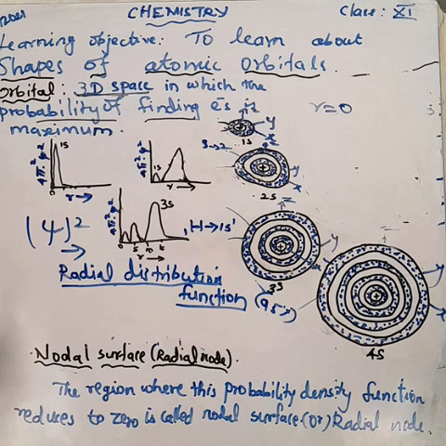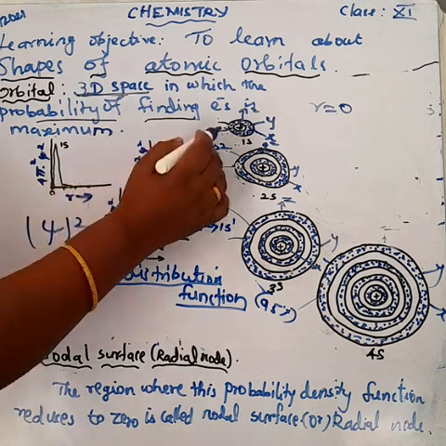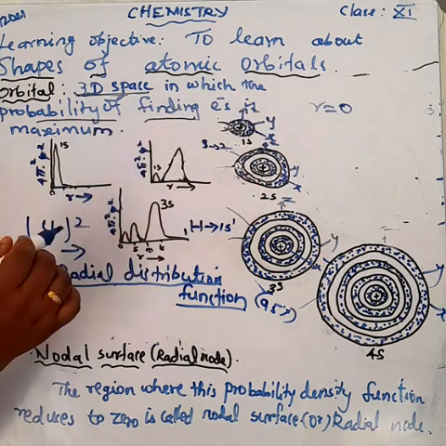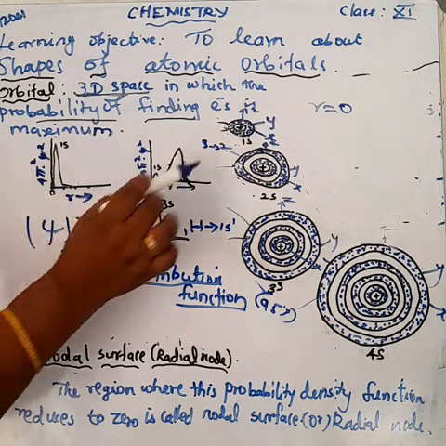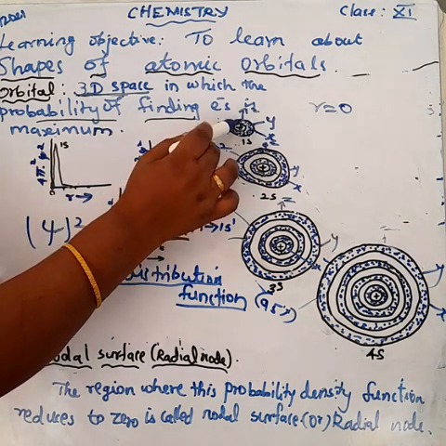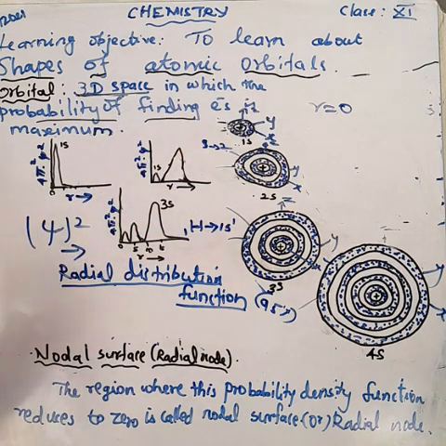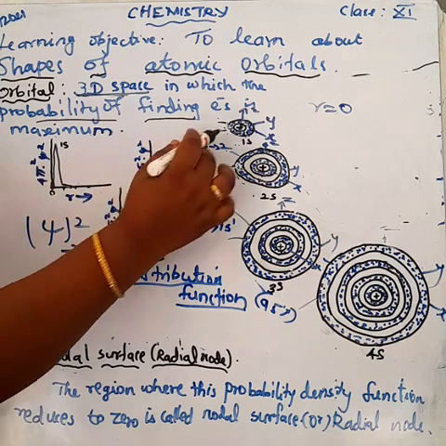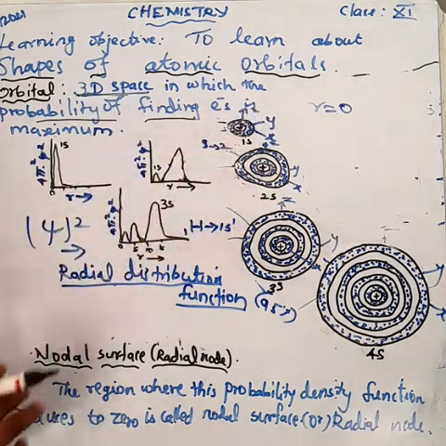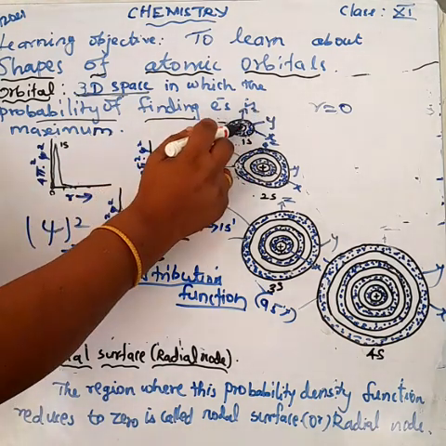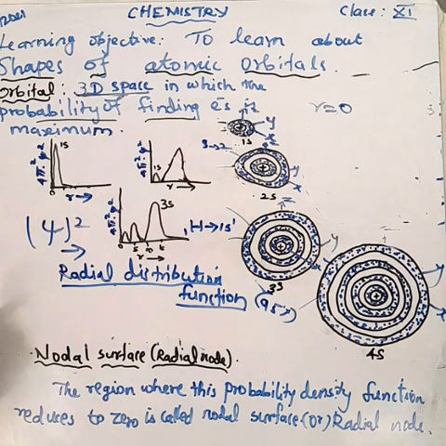Here, more and more dots are present. Every dot is not an electron. Don't imagine that all these dots are electrons.